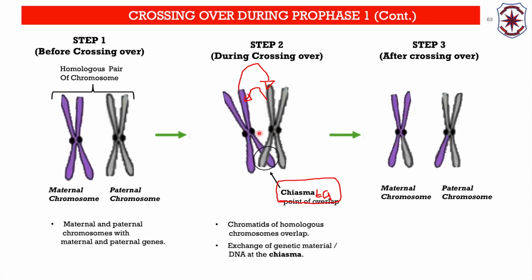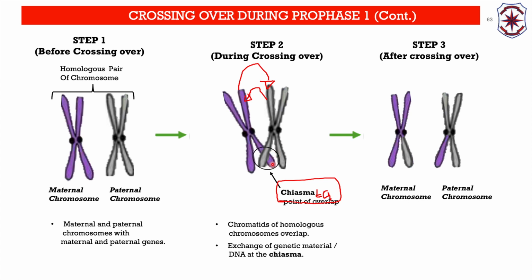Please, when you draw chromosomes after crossing over, check where the chromatids overlapped. You will only exchange the colors or the numbers if they give you numbers where they overlapped. It is not the whole chromosome that is going to overlap or the whole chromatid that is going to overlap.